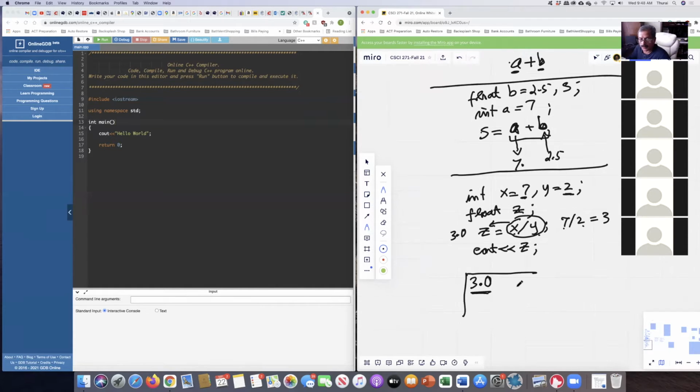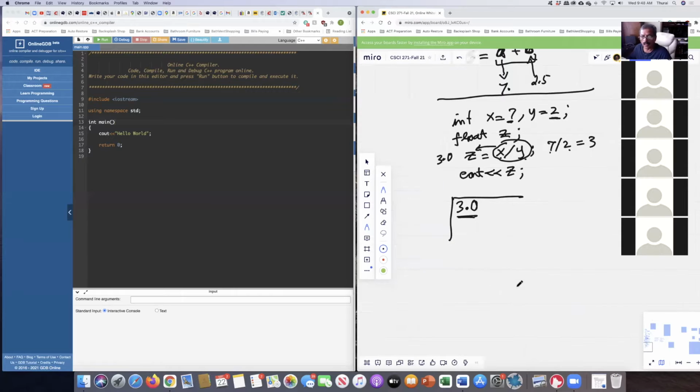In a situation like this, I have reason to have 7 and 2 stored in integer variables, and I don't want to change that into float. We are talking about a long program where these numbers need to be integers. So what if I want to print the correct answer for this division without changing the original declaration?